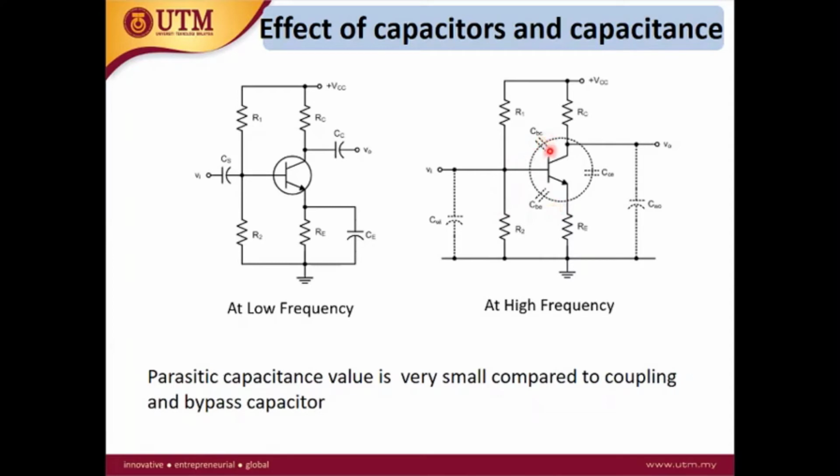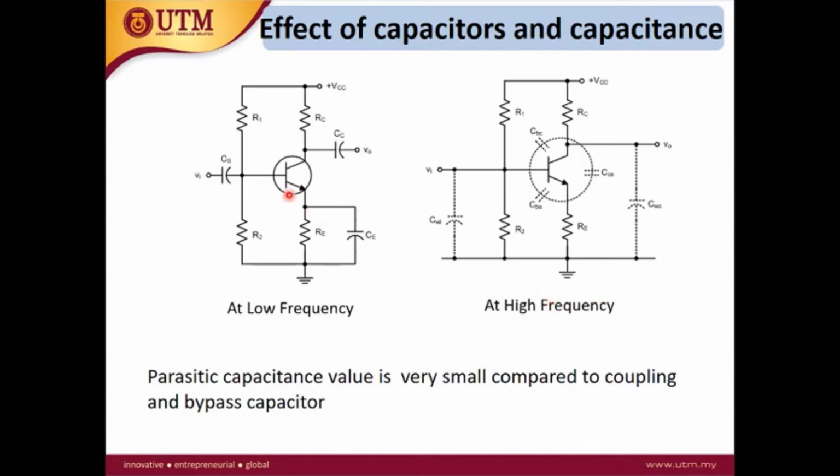Besides the junction capacitance inside the BJT, we also have stray capacitance in the wiring or in the electrical connection of the circuit. So we have CWI, the wiring at the input, and CWO, the wiring at the output. This stray and parasitic capacitance will appear at high frequency.